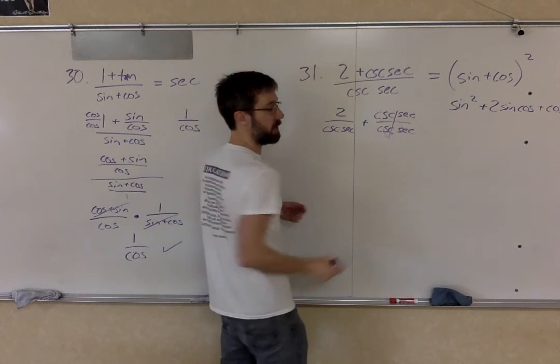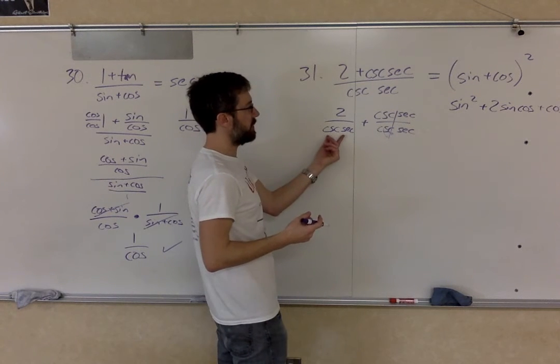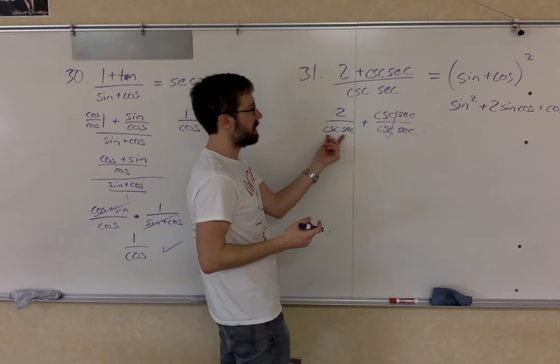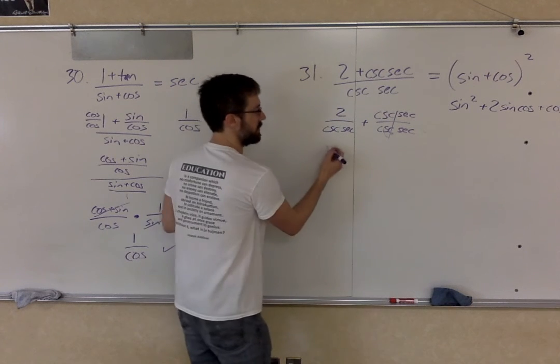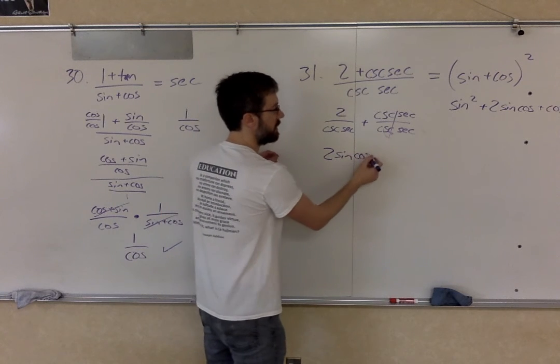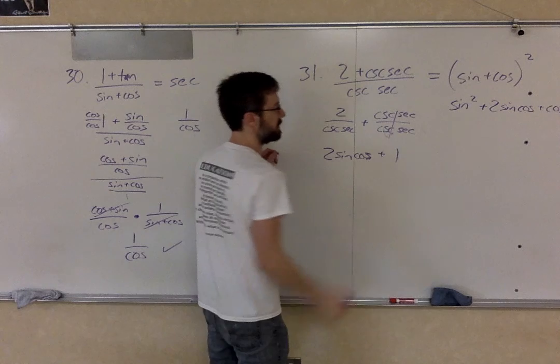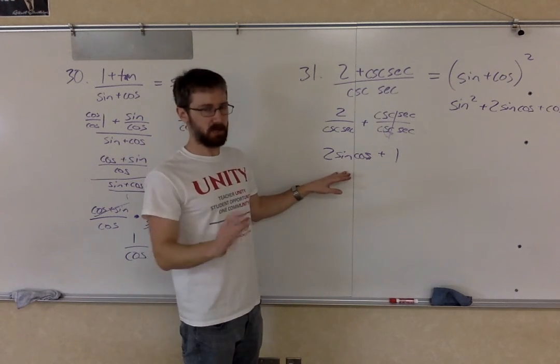So that cancels out, and it's just 1. And here, if I convert these to sine and cosine, they're going to flip to the top. Instead of cosecant secant, it's going to be sine cosine. So this side is going to be 2 sine cosine, and over here, it's just 1. Now, these things are getting to be eerily similar.